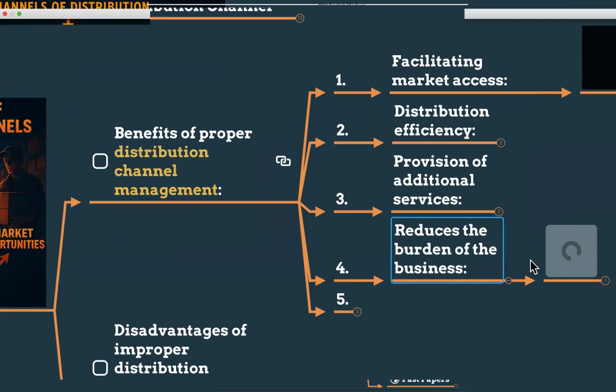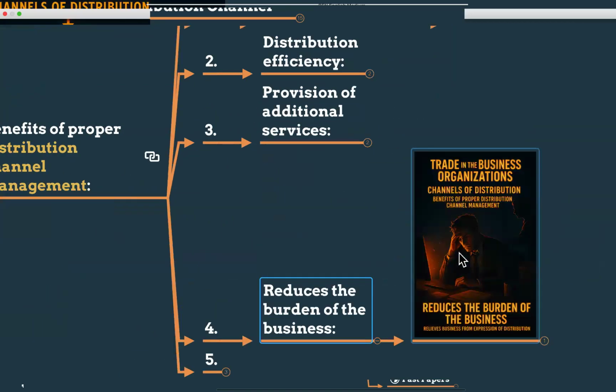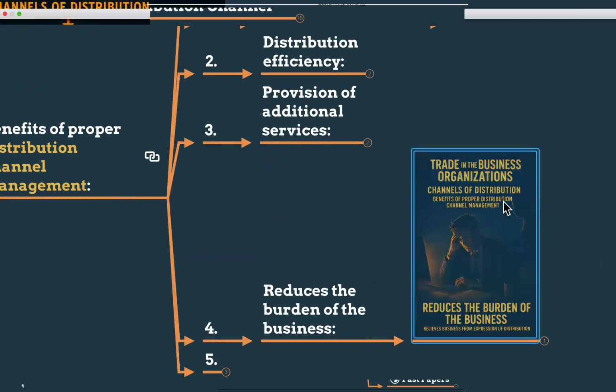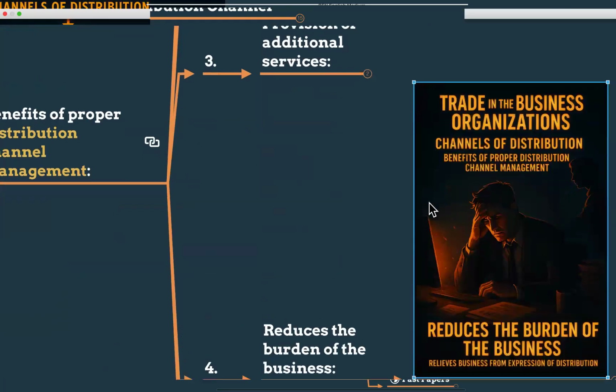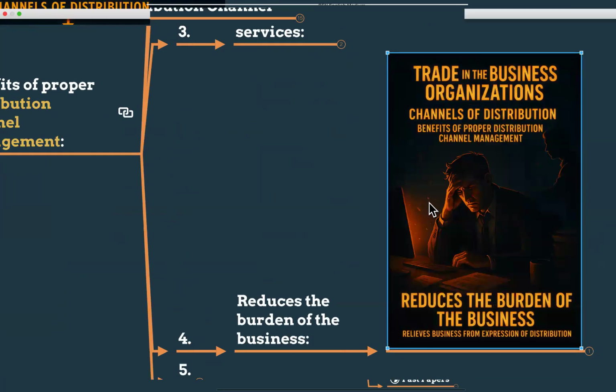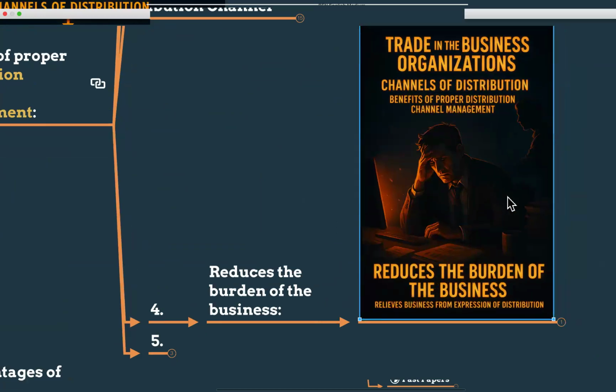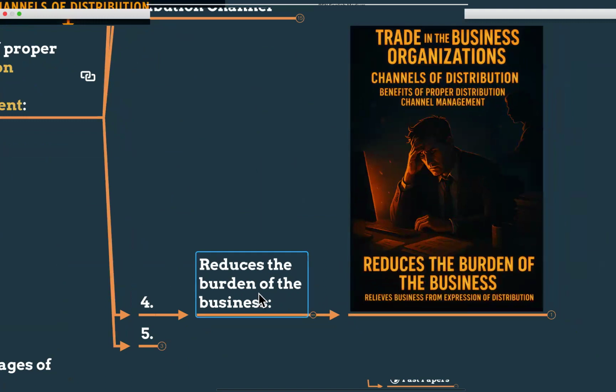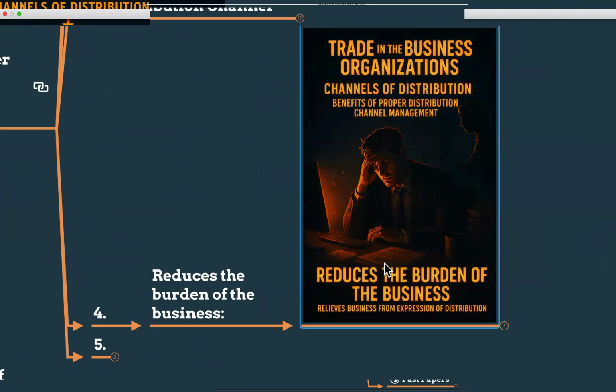And it reduces the burden of the business actually. Think about it. You have a distributor, so he's handling the storing, he's handling the refrigerating, and he's handling distribution to the retailers and all of those things. So it reduces the burden of your business. If you are a manufacturer, you can focus on making the products, not selling the product.